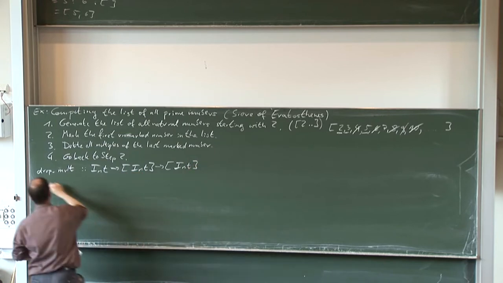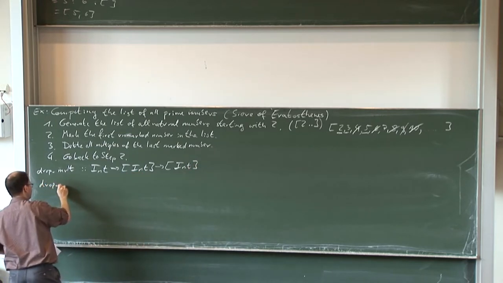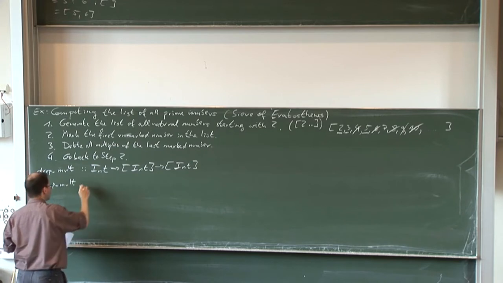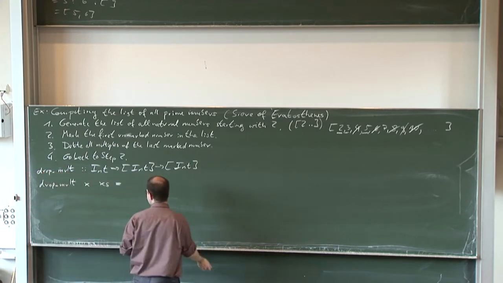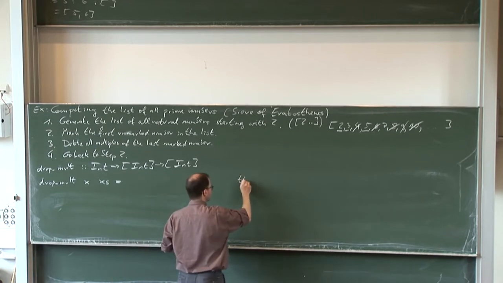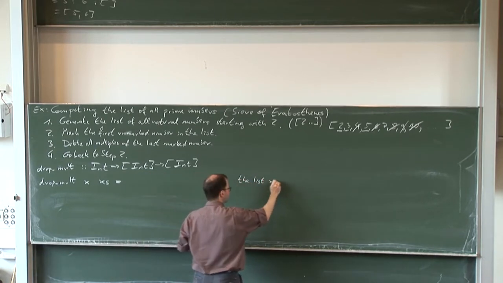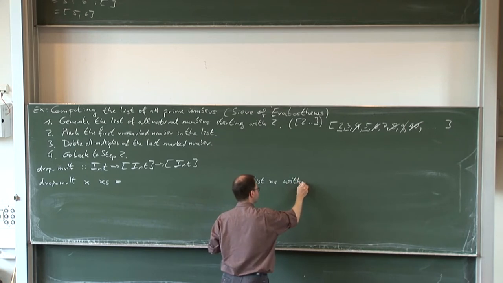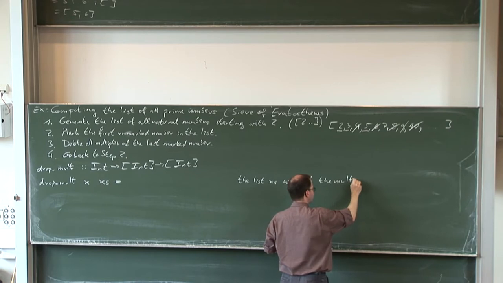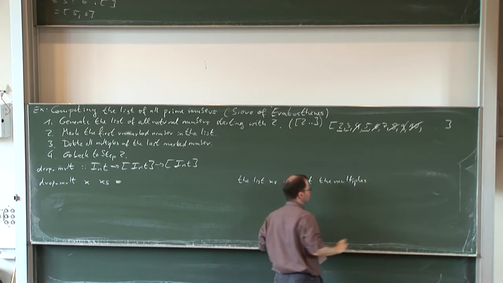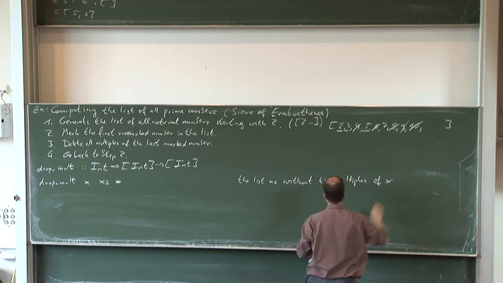So drop mult takes an integer x and a list xs, and it should give us back the list xs without the multiples of x. Vielfachen in German, the multiples of x.